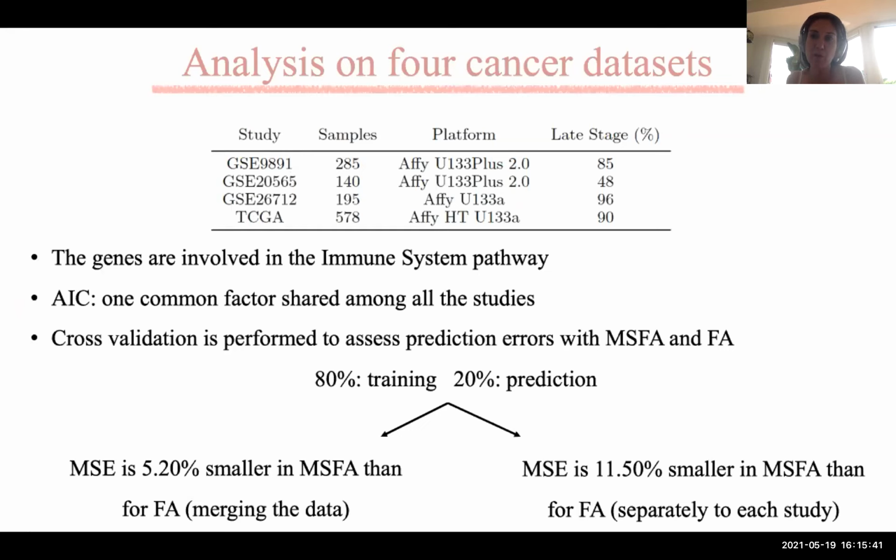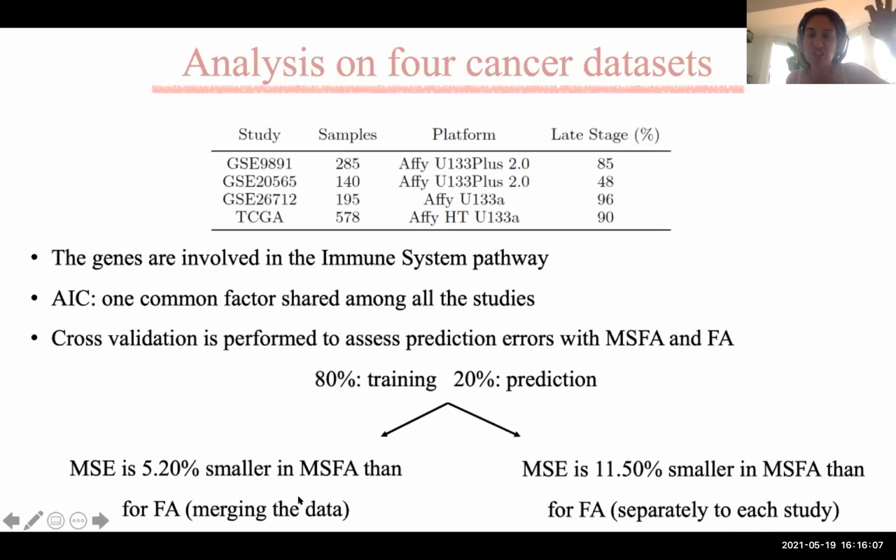And we also perform cross-validation to assess the prediction error. And this is a comparison between the multi-study and the factor analysis to see how much strength the multi-study can borrow by considering this joint analysis. And so the mean square error actually is smaller for the multi-study compared to two different factor analyses.